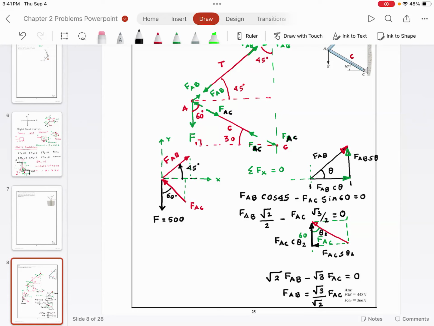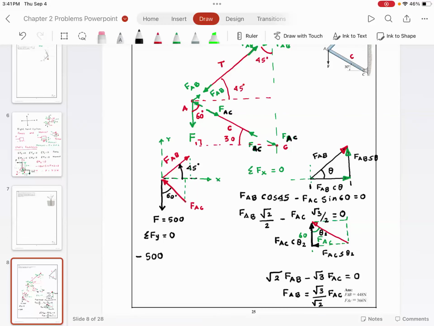Now, this expression we derived because the summation of forces in the x direction is equal to 0. I still have to use one more equation, which is the summation of forces in the y direction is equal to 0. Now let's see, this force 500, is it going up or going down? Down. So is it positive or negative? Negative. So I have minus 500. Do you agree with me?